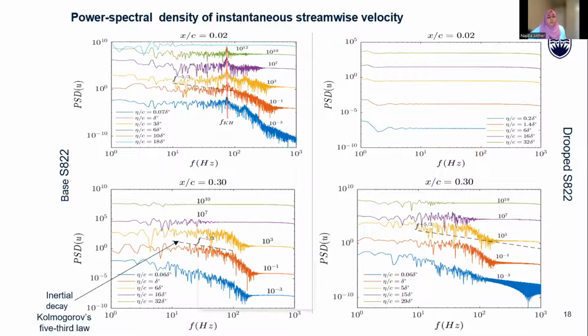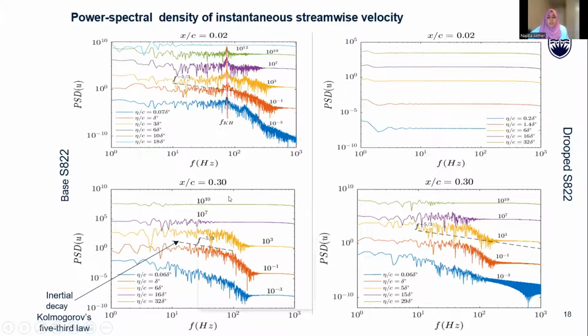Here comes our spectral visualization of the streamwise velocity fluctuations. For the base airfoil, we can see near the leading edge at 2% or 3% chord there is a peak of amplitude right here, which is absent for the drooped condition. For the drooped case, we don't have any disturbance near the leading edge that is visible from the graphs.